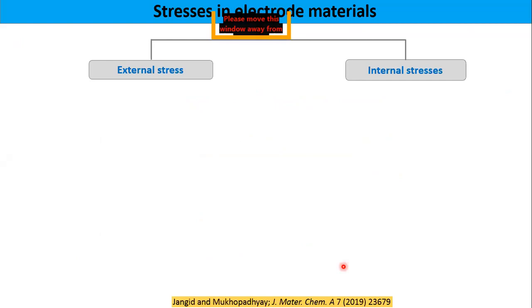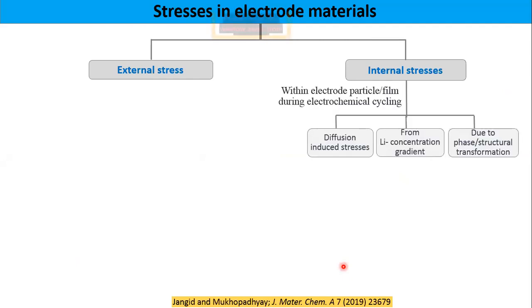Now if you look at the stress developed in the electrode material, we can broadly classify these stresses into categories. One is stress originated externally, and another is stresses developed within the electrode materials.